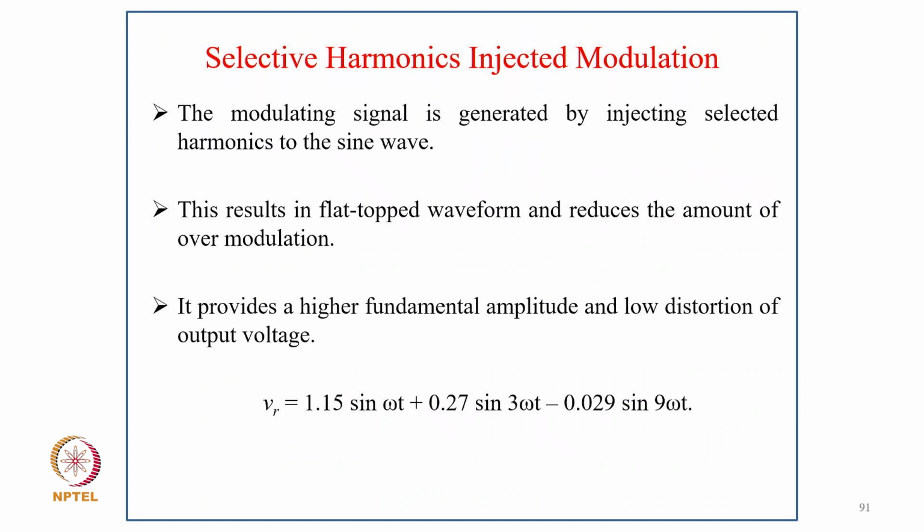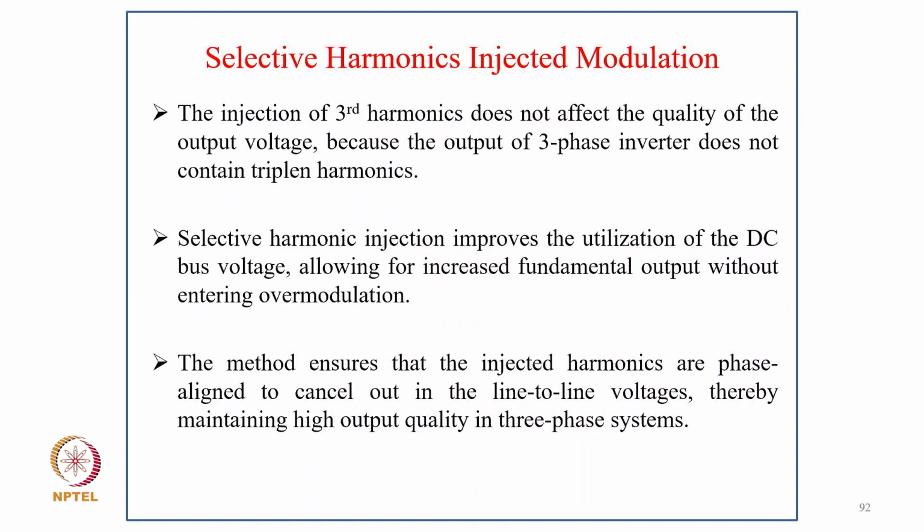So coming to selective harmonic injection modulation, the modulating signal is generated by injecting selected harmonics to a sine wave, and this results in a flat top waveform and reduces the amount of overmodulation, and it gives a higher fundamental amplitude and lower distortion of output voltage. That is VR equal to 1.15 sine omega t plus 0.27 sine 3 omega t minus 0.029 sine 9 omega t.